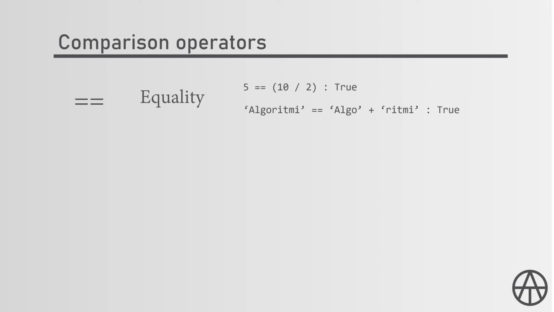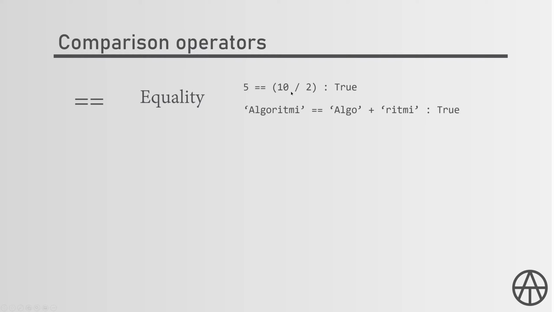Next, we have the comparison operators, which all result in a Boolean. So they're all going to be either true or false. The first one of them checks for equality, and it's just 2 equal operators. So if you say 5 equal 10 divided by 2, it's going to result in true, because 10 divided by 2, as you see it right here, is 5.